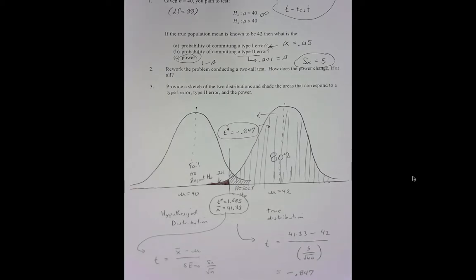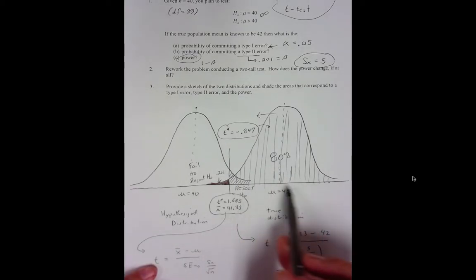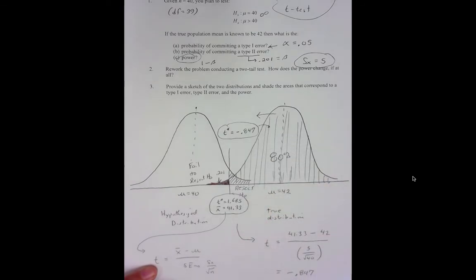And again, that calculation has to be made in this distribution because this is truly the distribution that we're drawing from. So we have a 0.8 probability if this claim of mu equal 40 is not true. It's false.